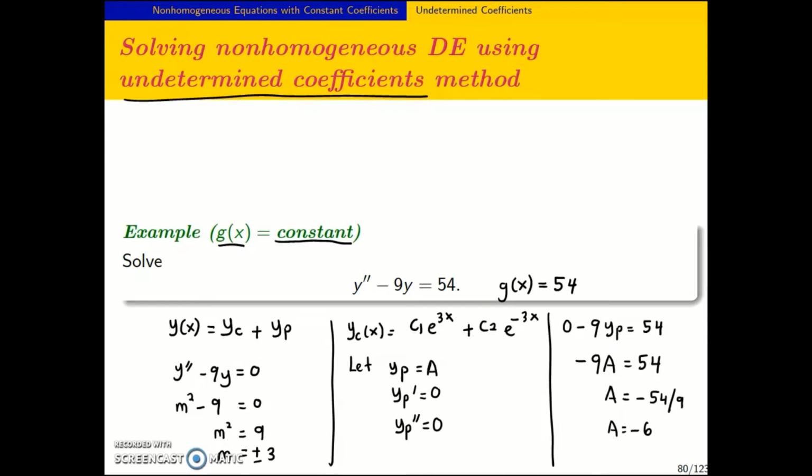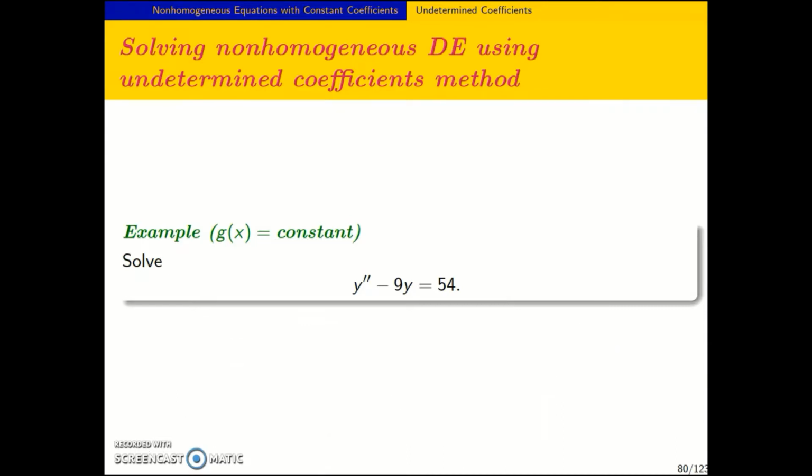So then we have yp equals negative 6, and we already obtained yc, which is c1 e^(3x) plus c2 e^(-3x).